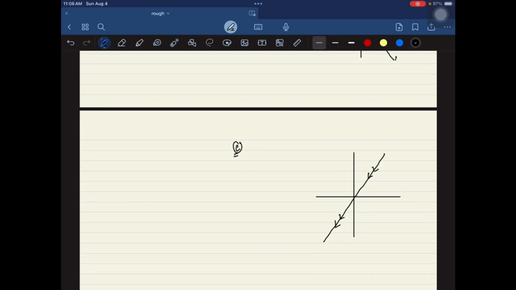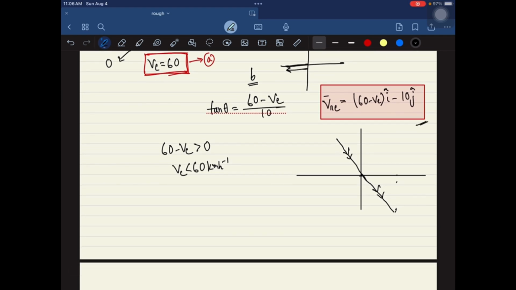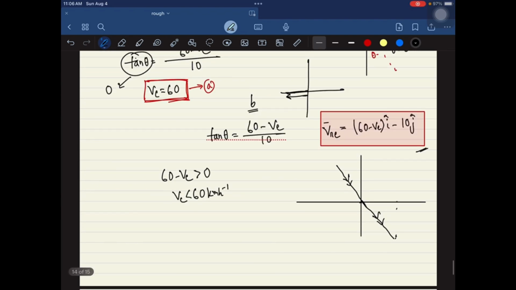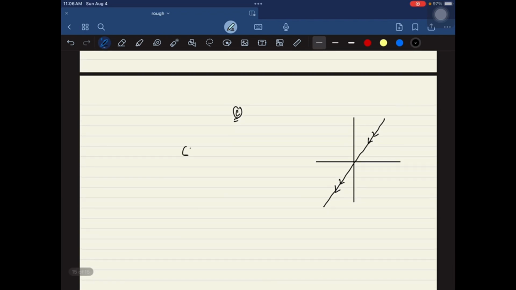We need to write the equation again. From this equation we see that in this direction, i should be negative and j should also be negative. So 60 minus VC should be less than 0, so VC should be greater than 60 km per hour.